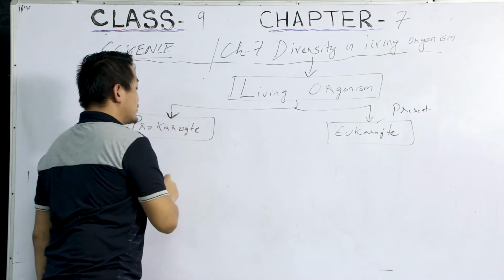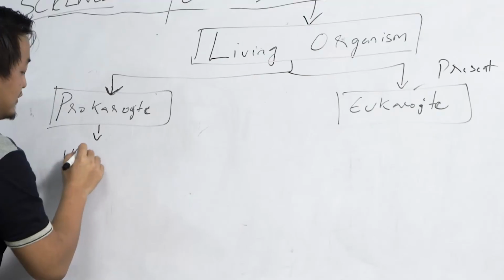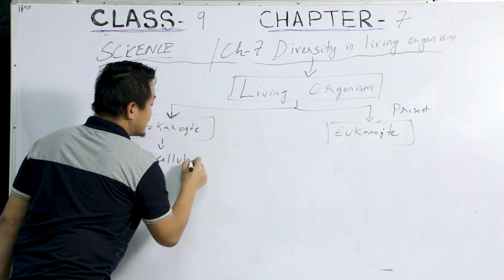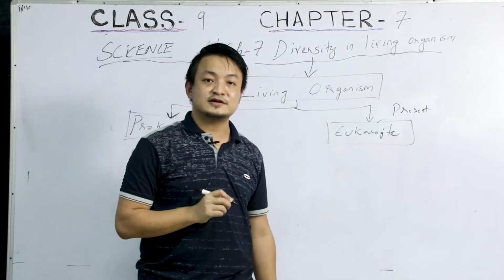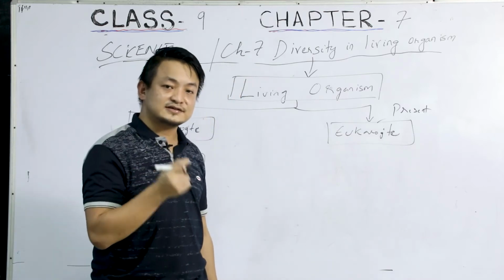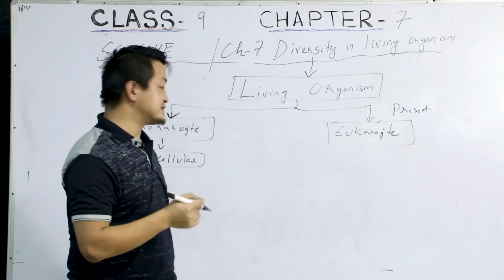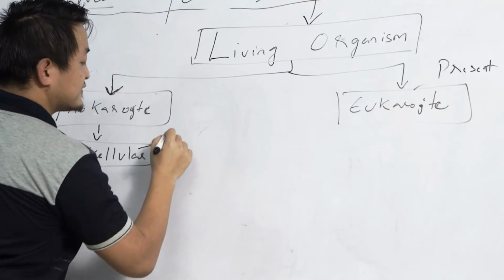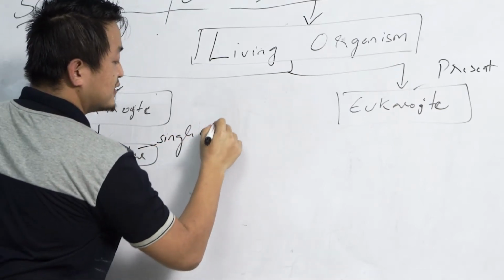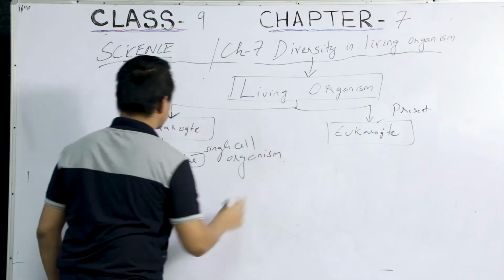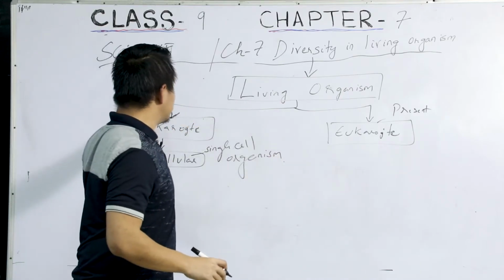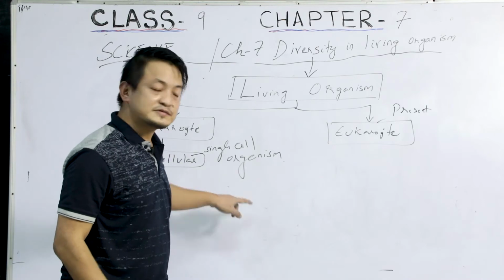Now, under prokaryote, they are unicellular, okay? So when I say unicellular, students, unicellular means single cell organisms. So all the prokaryotes are single cell organisms, okay?